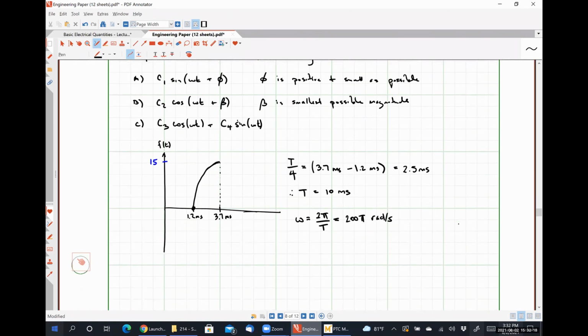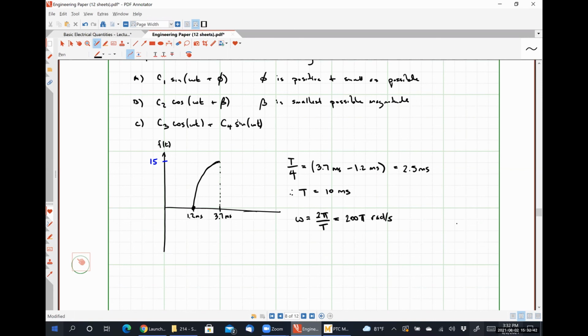Well, if you look back at my notes where I talked about the review of sinusoids, we talked very specifically about what the phase angle is and that it represents a time shift either to the left or to the right.